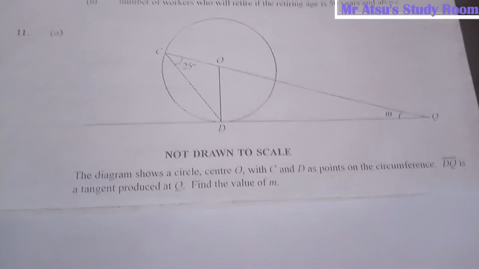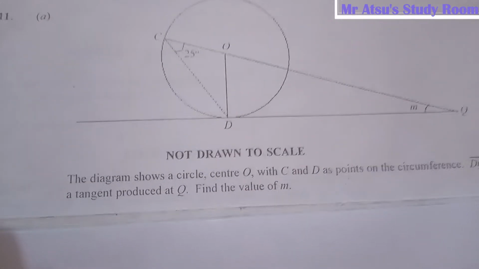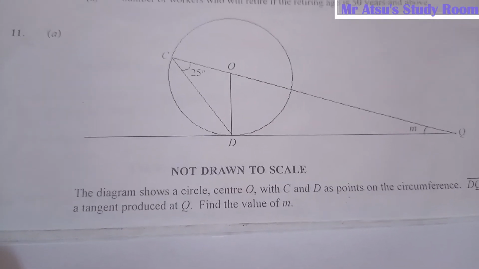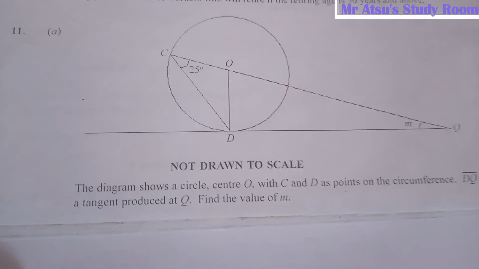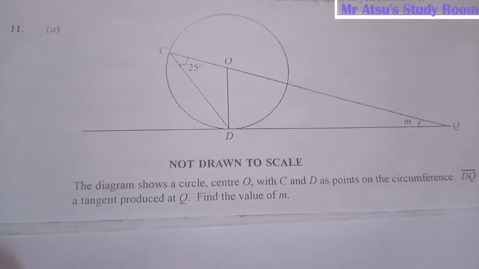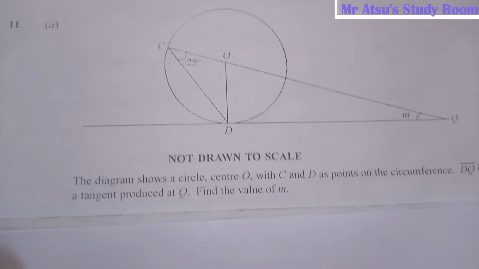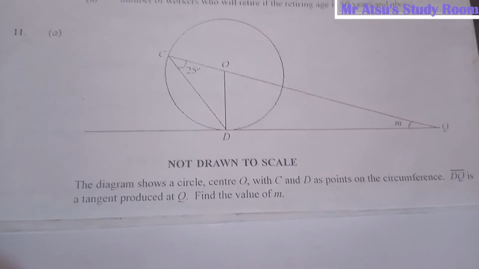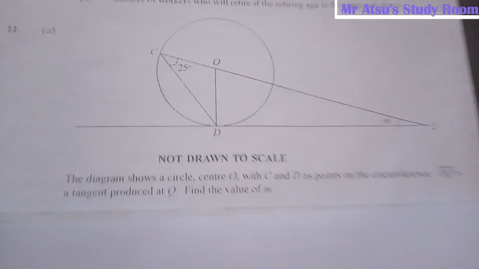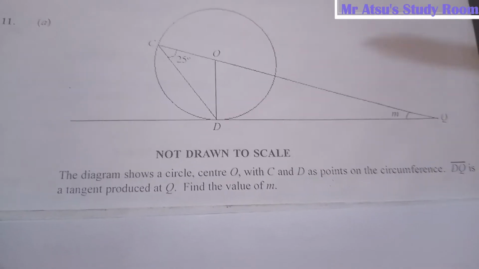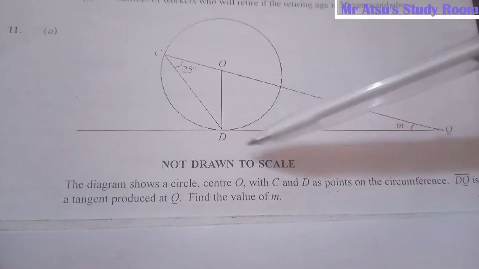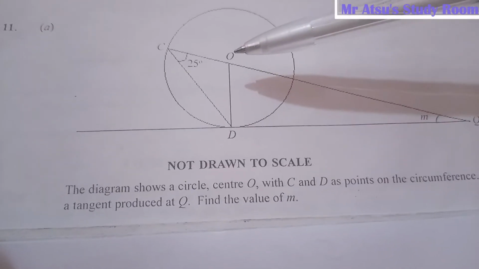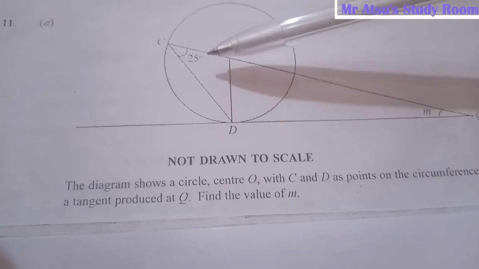Alright, so with this question again, there are a number of theorems we are going to identify here. We will need to apply any of the theorems that talk about the center of the circle, and any that talk about the tangent, because these are the main points stated. So first of all, applying the center, we can see that triangle COD is an isosceles triangle because this is the center of the circle and this is the radius of the circle.